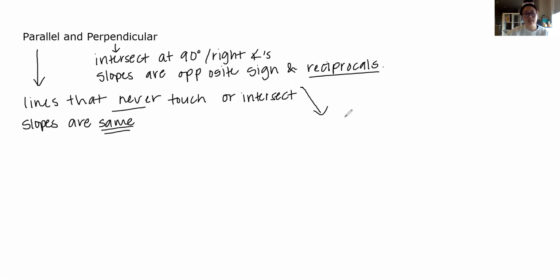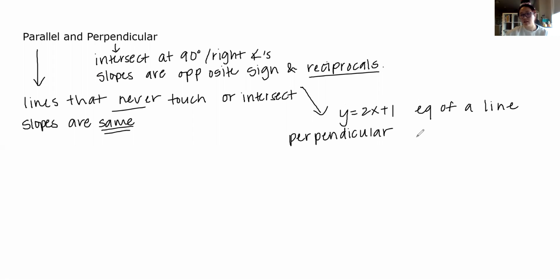Let's use the same equation, y = 2x + 1, but now I want the equation of a line perpendicular to it that goes through, let's go with (2, -1) this time.